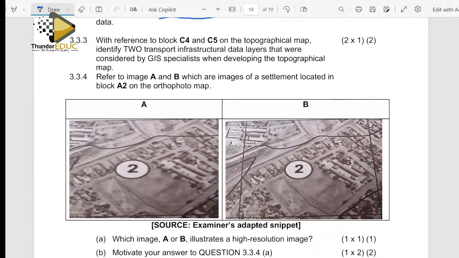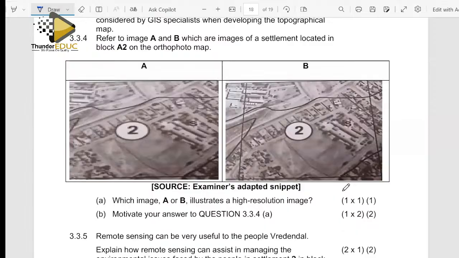Refer to image A and B. Which images of a settlement located in block A2 on the orthophoto? Which image, A or B, illustrates a high resolution? High resolution is B. For that reason, why are we saying it's high resolution?